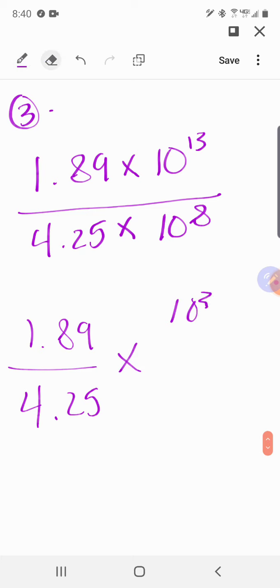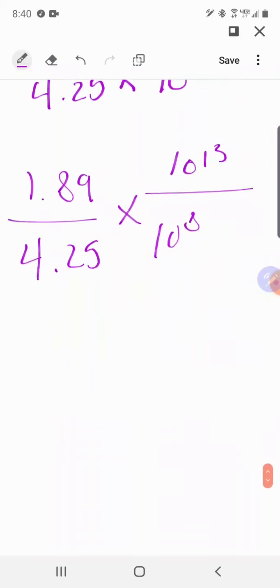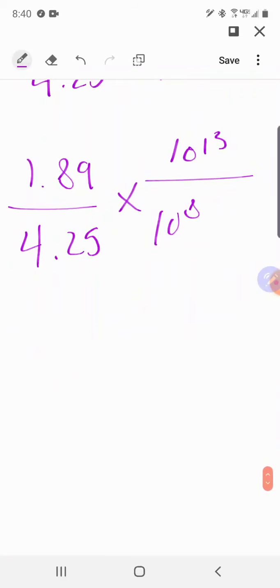Oops, sorry, y'all. Times 10 to the 13th divided by 10 to the 8th. All right, now I'm just going to remind you guys that our answer will not be in scientific notation. So remember that, but we can start off with scientific notation to do this problem.